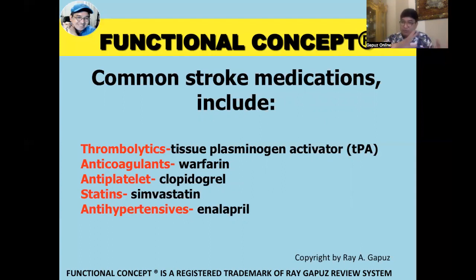Anticoagulants like warfarin, and antiplatelets like clopidogrel or aspirin, are also given to the patient. Patients with transient ischemic attacks are usually also given aspirin, okay, to prevent the formation of clots. And then your statins to prevent the accumulation of cholesterol.